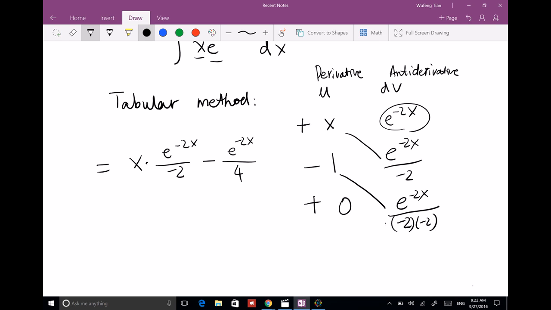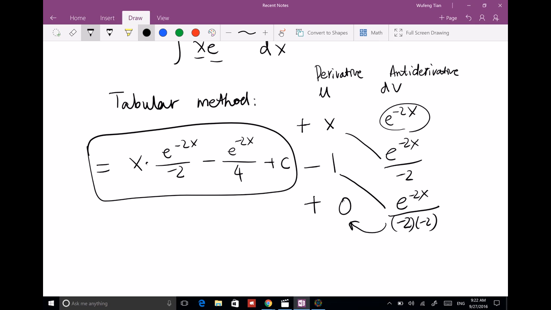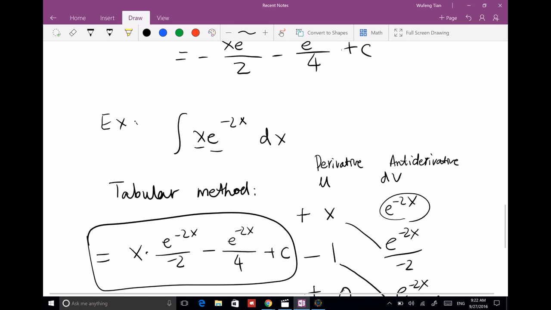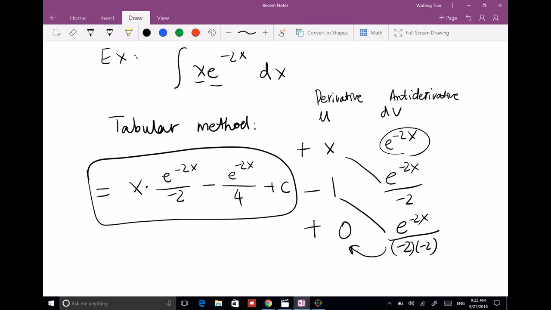And you have one more 0 here, but this is 0 multiplication, so there's nothing here. And then plus c. And then we're done. Okay, you got exactly the same answer as the previous one. Do you like this method?